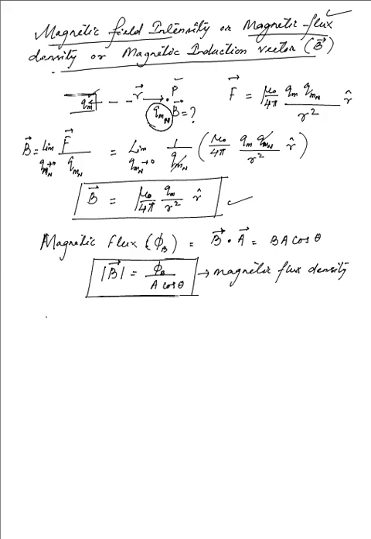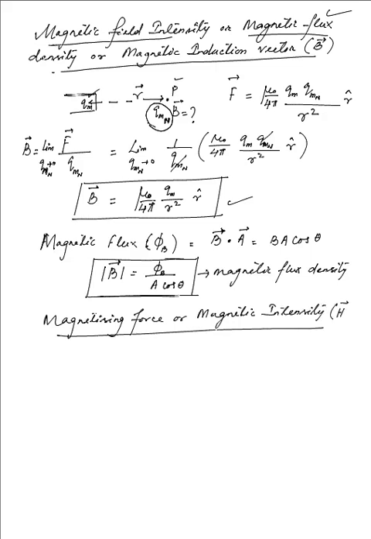That is the magnetizing force, or simply magnetic intensity. Now, the magnetizing force or the magnetic intensity, usually denoted by H vector, it's related to the magnetic induction vector in this way.